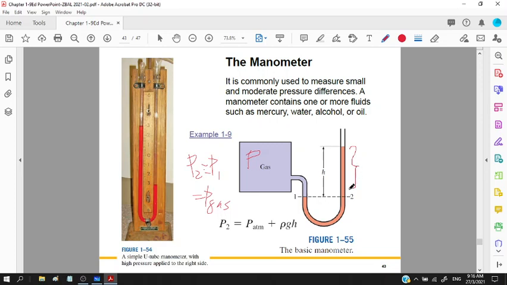P2 is this P gauge, and the surface of this manometric fluid is subjected to the P atmosphere. So P2 is equal to the P gauge plus P atmosphere. So remember, this manometer is for calculating our P gauge.